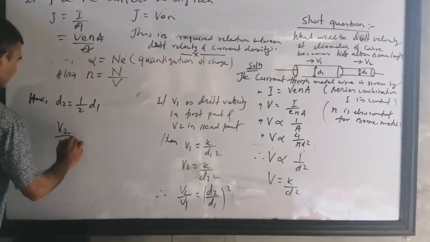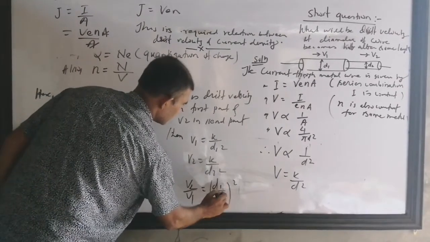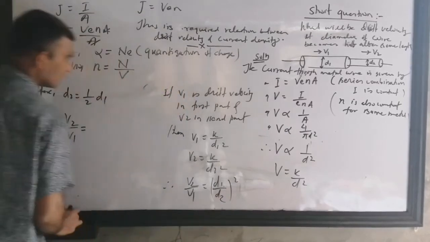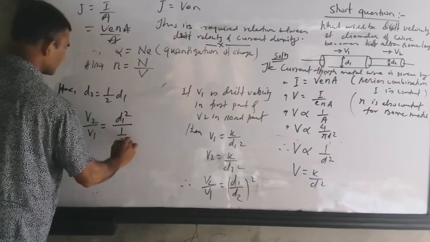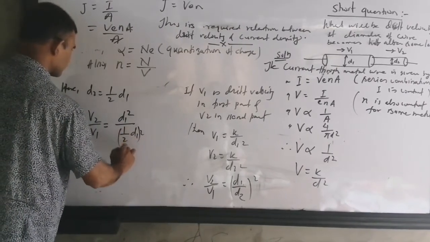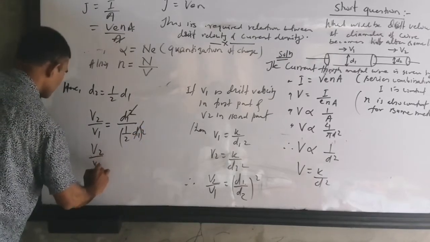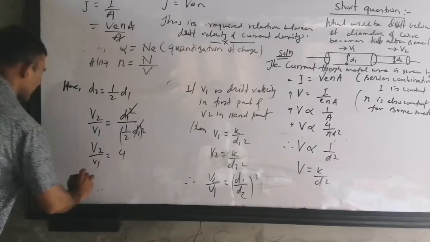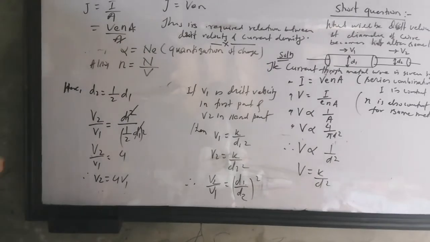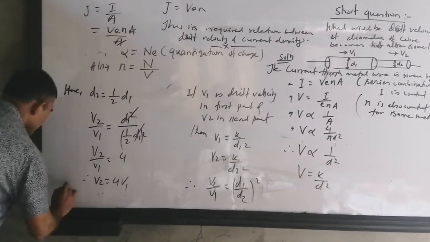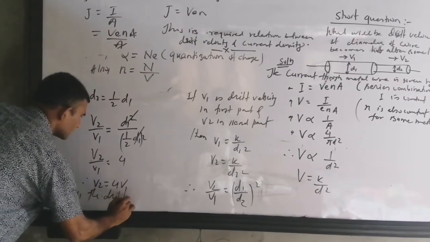Oh sorry, this is inverse, so I have to write d1 and d2 the other way. So I get d1 square over half of d1 square, d1 cancels, and I get V2 by V1 equals 4. So V2 equals 4 times V1, which means the drift velocity in the later case becomes 4 times.